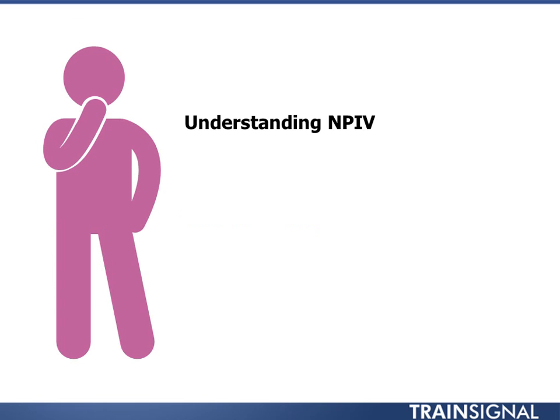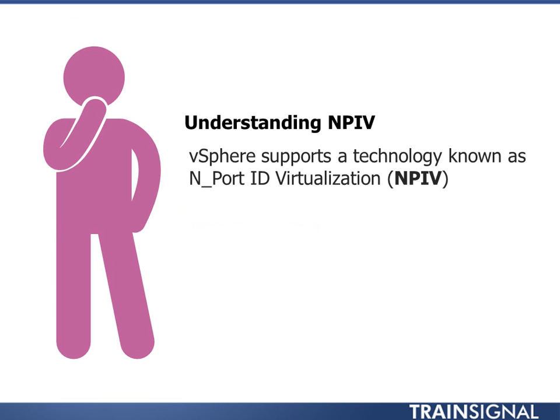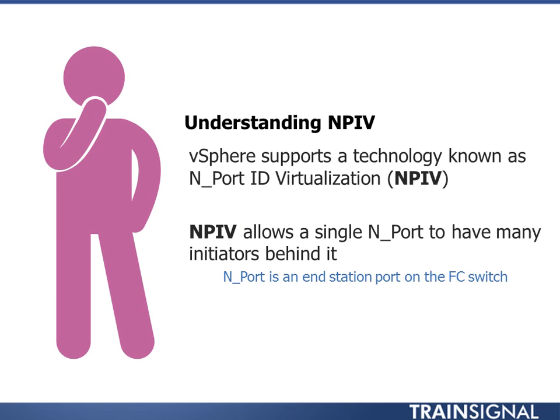So let's talk about NPIV. NPIV stands for N-Port ID Virtualization, which is a big group of words, I guess you'd say. What it does is it allows a single what we call an N-port to have many initiators behind it. So if I have a Fibre Channel switch, a Cisco MDS 9148, and I have a port set up to plug a vSphere host into it, that's called an N-port.